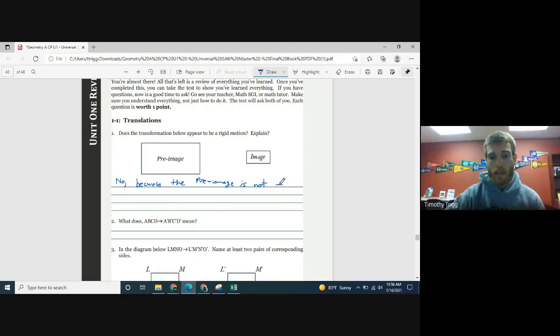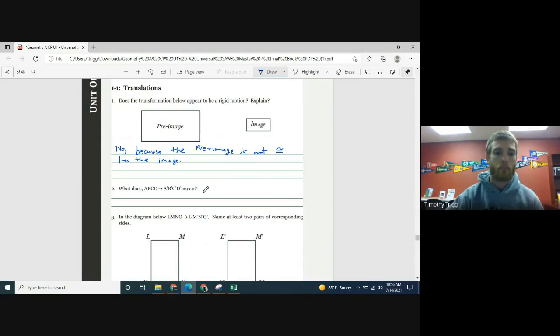Congruent means same size, same shape, so it's not congruent to the image. If it's rigid, then the image and pre-image should be same size, same shape. Since this is not the case here, then we say, no, this is not rigid motion. This is not a rigid transformation.